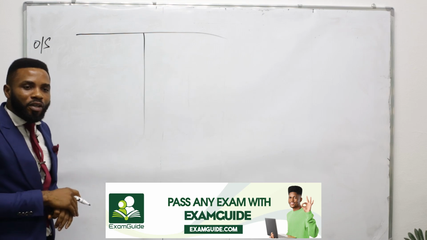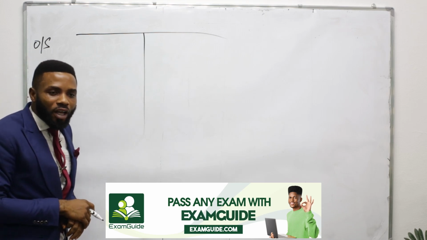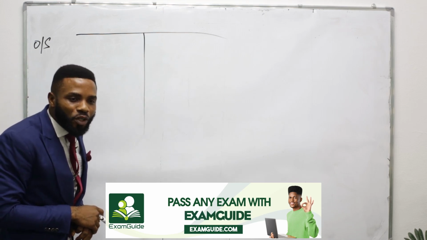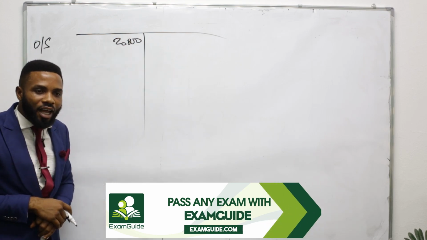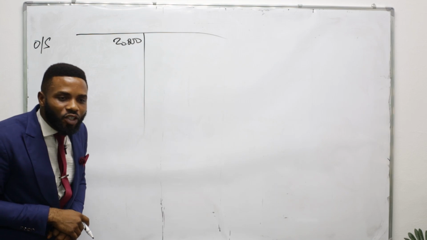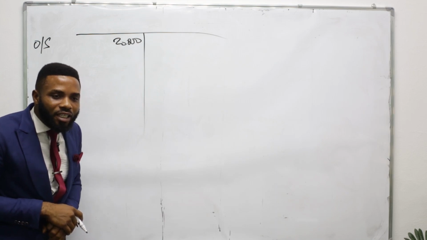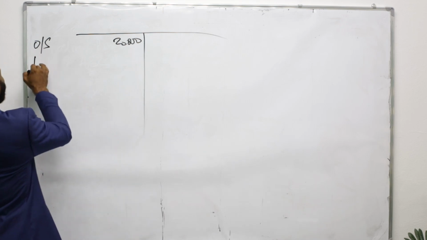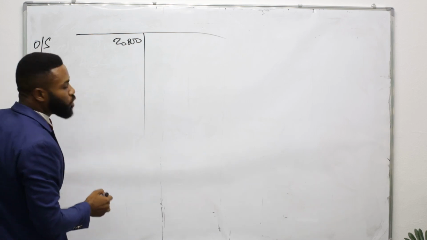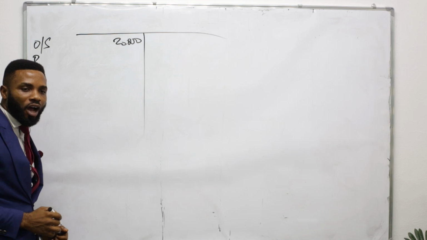and then from the question, your opening stock is what? Your opening stock is 20,000. And then you see purchase is already there. Purchase is there. Check through. Do you see carriage inwards? Yes. So you write your purchase. You can just write a P to represent purchase because you don't have all the time.